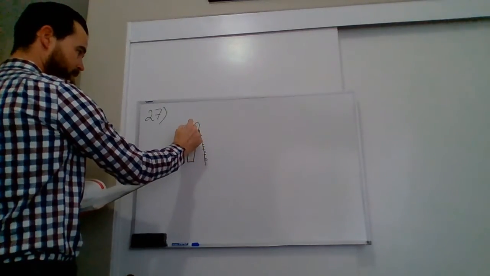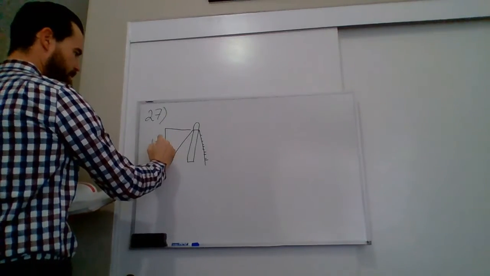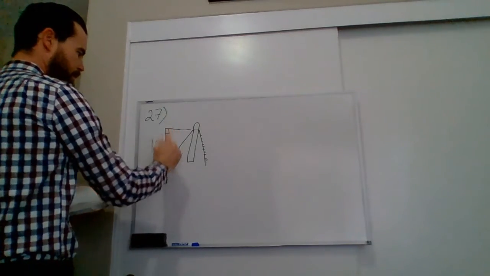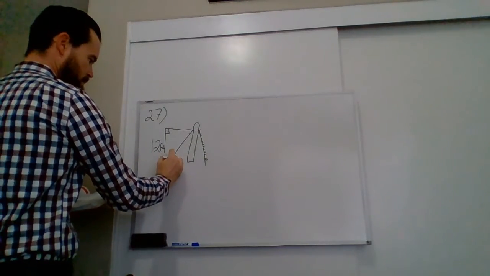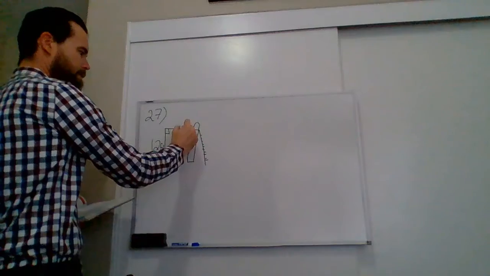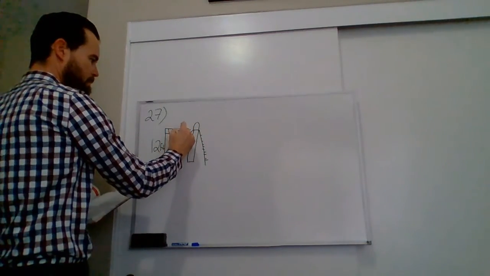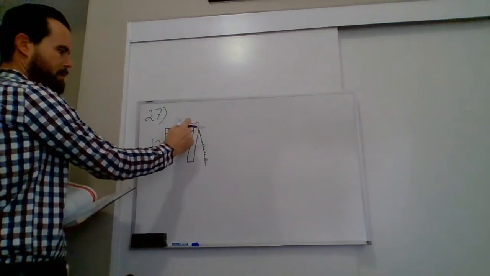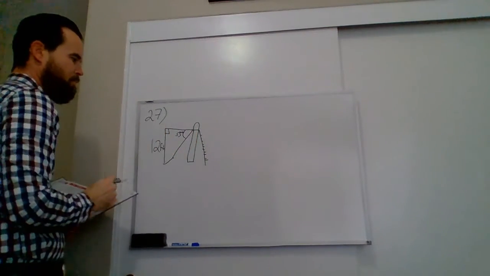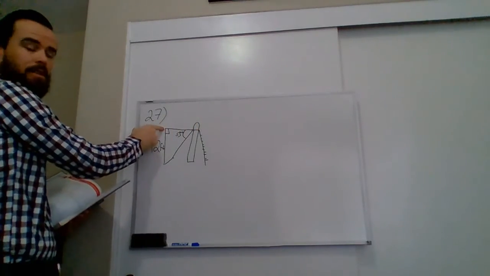So they say the top of the slide is 12 feet above the ground. And there's a 53-degree angle of depression. So that's 53 degrees, because that is our downward line of sight from this horizontal line.